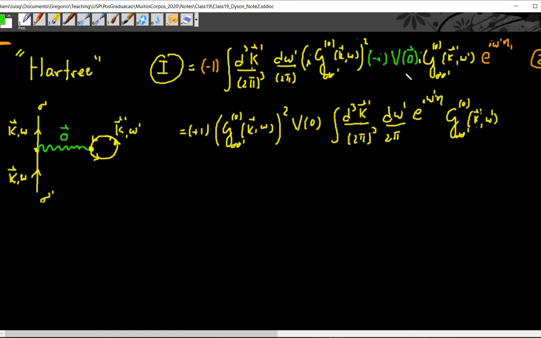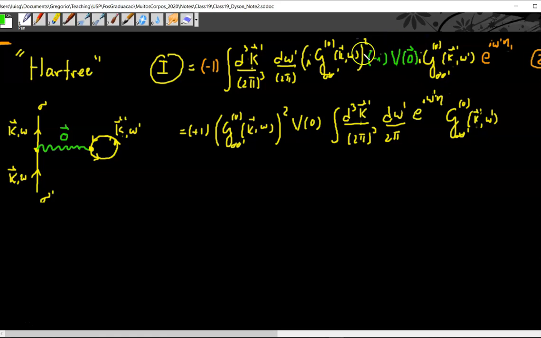So if the interactions are long range, like 1 over r squared, this is actually a large number, and that's the point here: this is going to be a contribution that is very relevant for long range interaction.